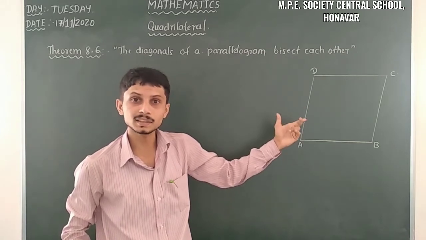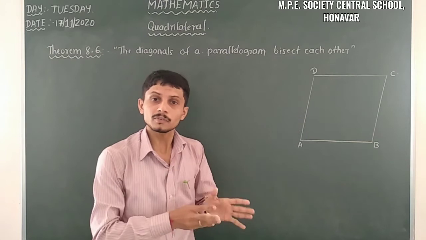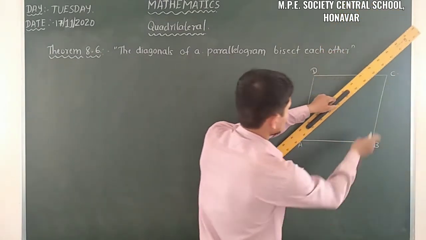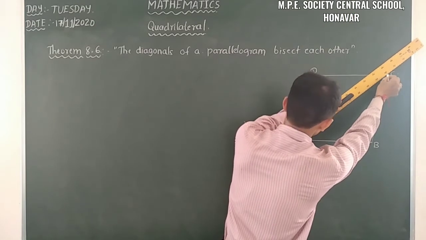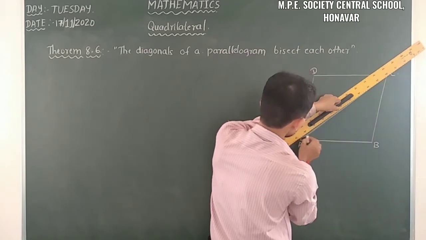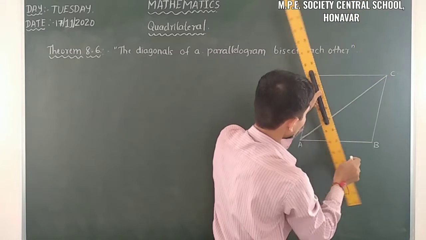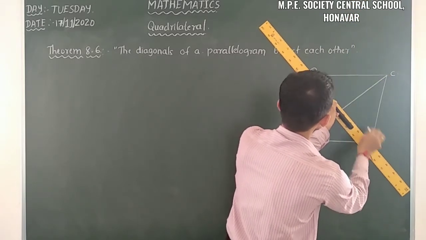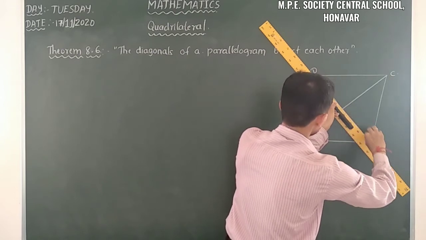Bisect each other means, here we have two diagonals. One is the diagonal AC and another one is the diagonal BD.